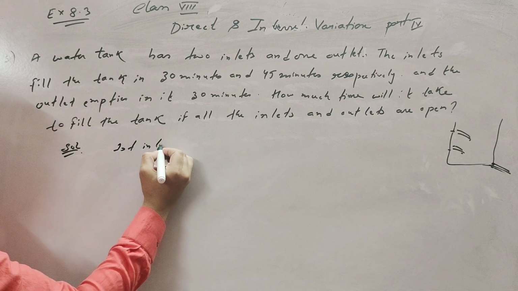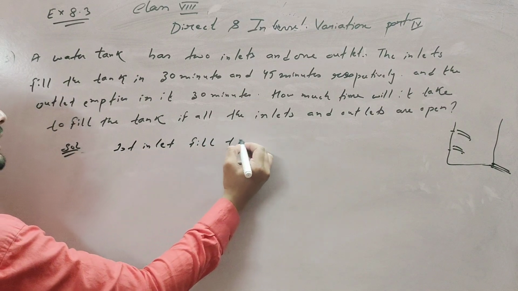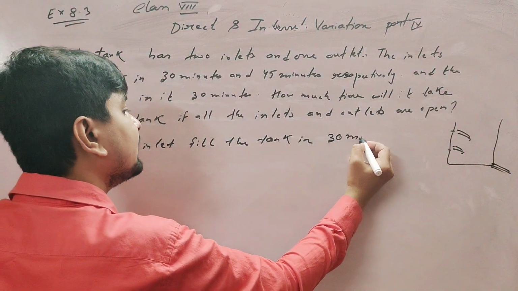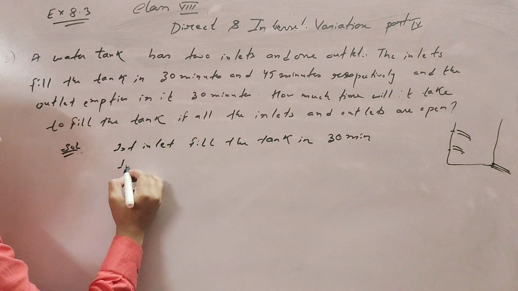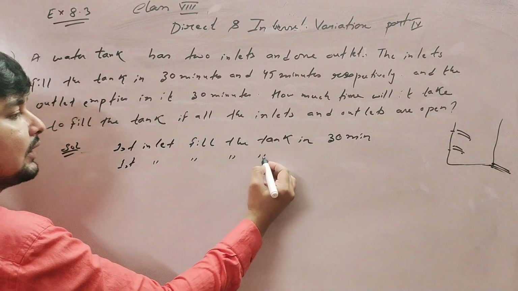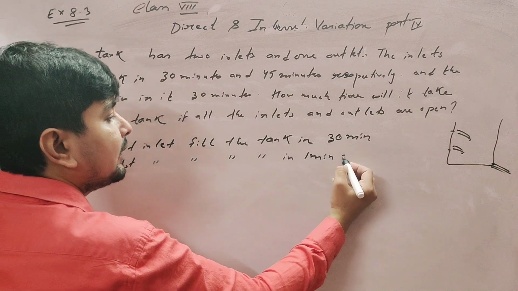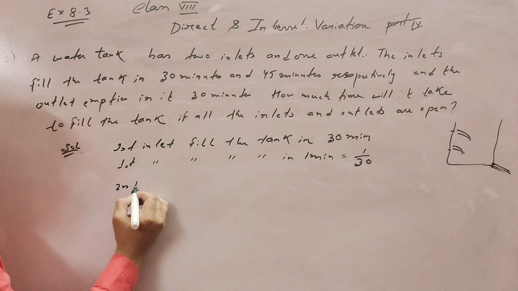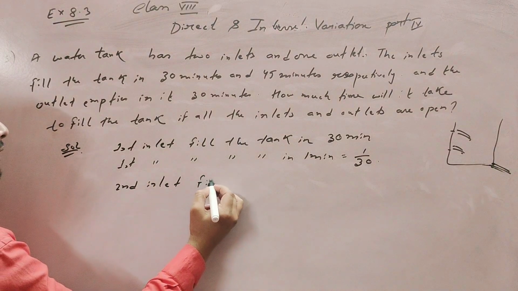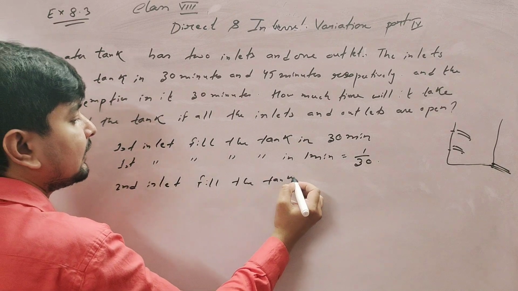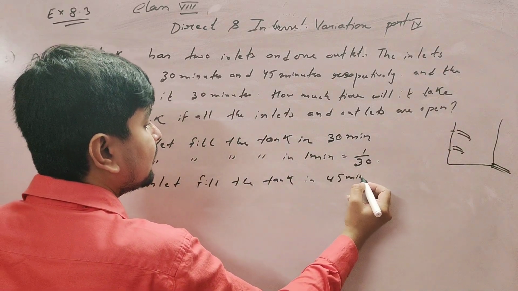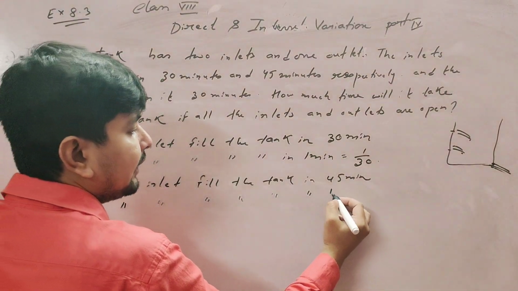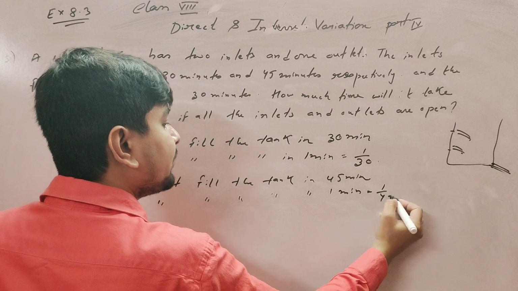The first inlet fills the tank in 30 minutes, so the first inlet fills in 1 minute equals 1 by 30. The second inlet fills the tank in 45 minutes, so in 1 minute it fills 1 upon 45.